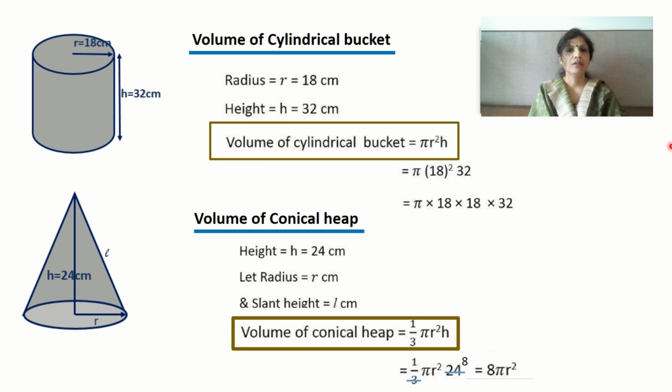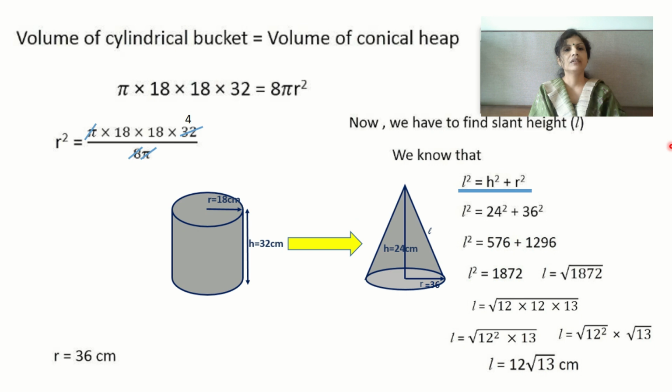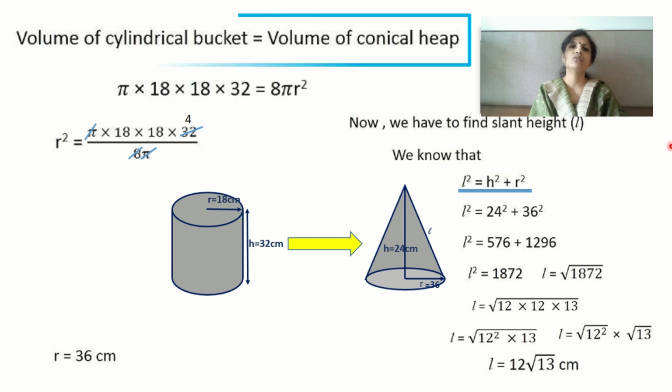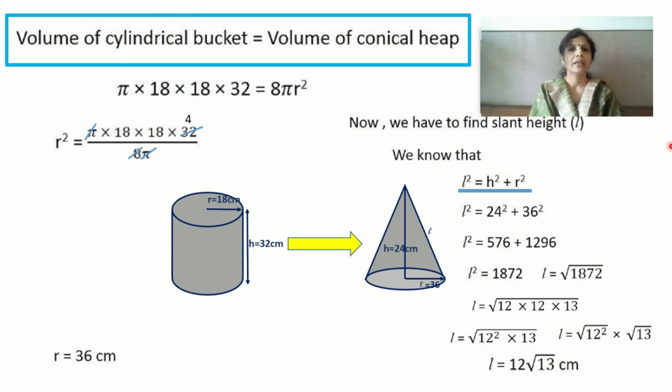Let's now equate both the volumes. Volume of cylindrical bucket is equal to volume of conical heap. Cylindrical bucket volume we have calculated as pi into 18 into 32, and volume of conical heap we have calculated as 8 pi r square. Right? So from this we can find the value of r.